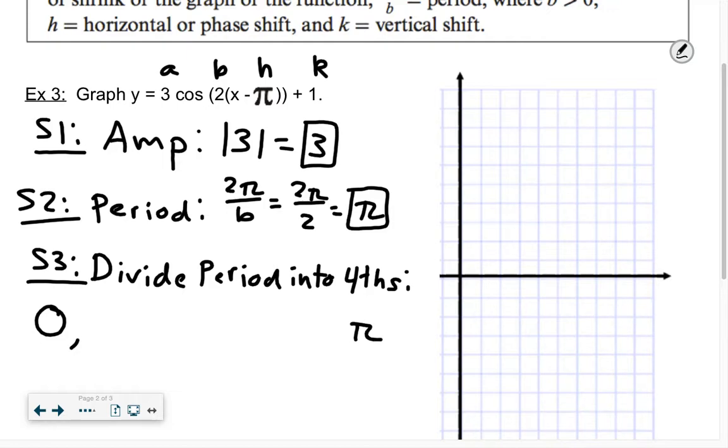Well, it's our period. Right, Peter? Yep. 0 and pi is our coefficient. What's halfway between 0 and 1? 0.5. Yeah, 0.5, or in fraction form, half, right? So half pi.